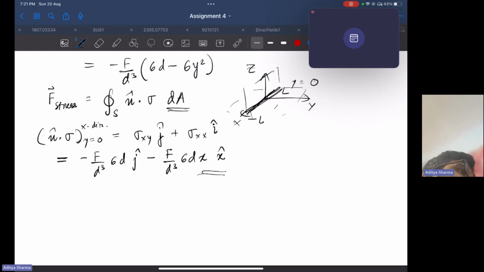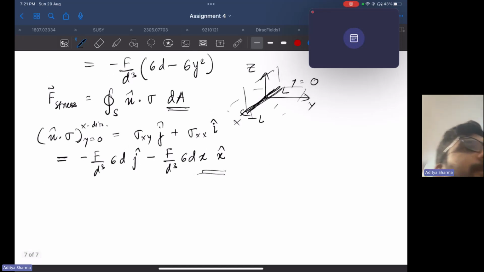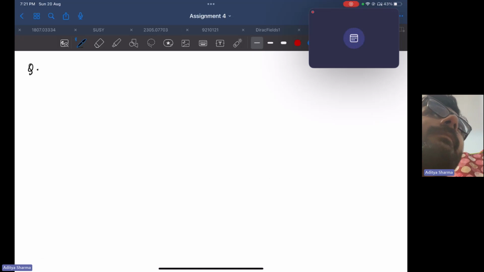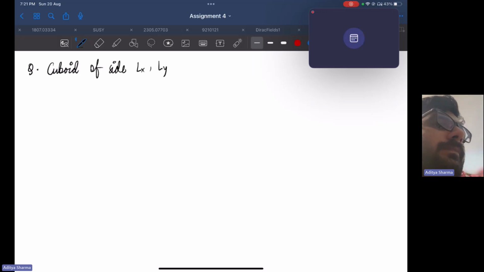Let us go to another question and let us do this problem. So the problem is as follows. We have a cuboid of side Lx, Ly, Lz, and it is made of some elastic material.